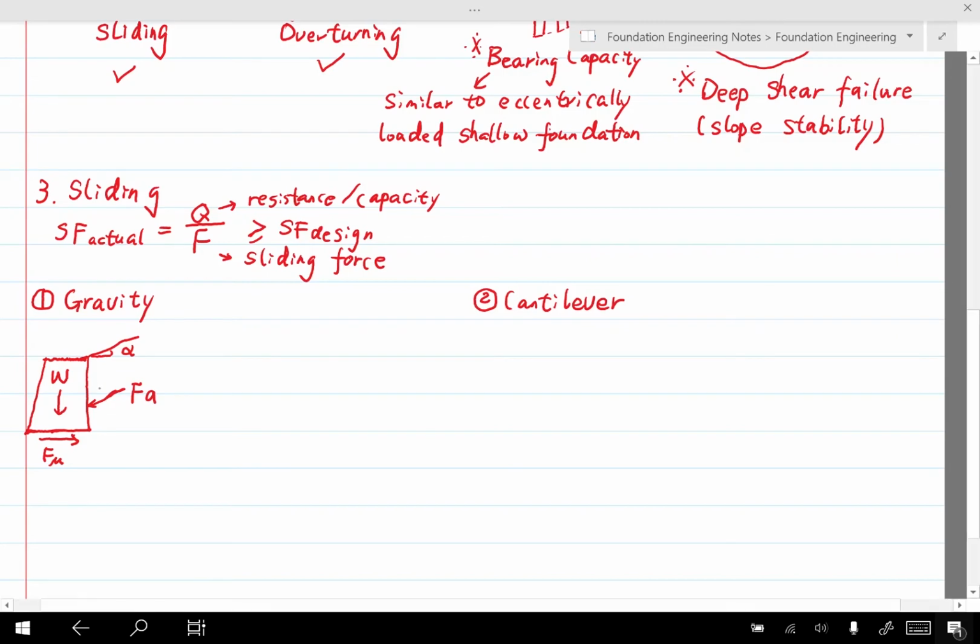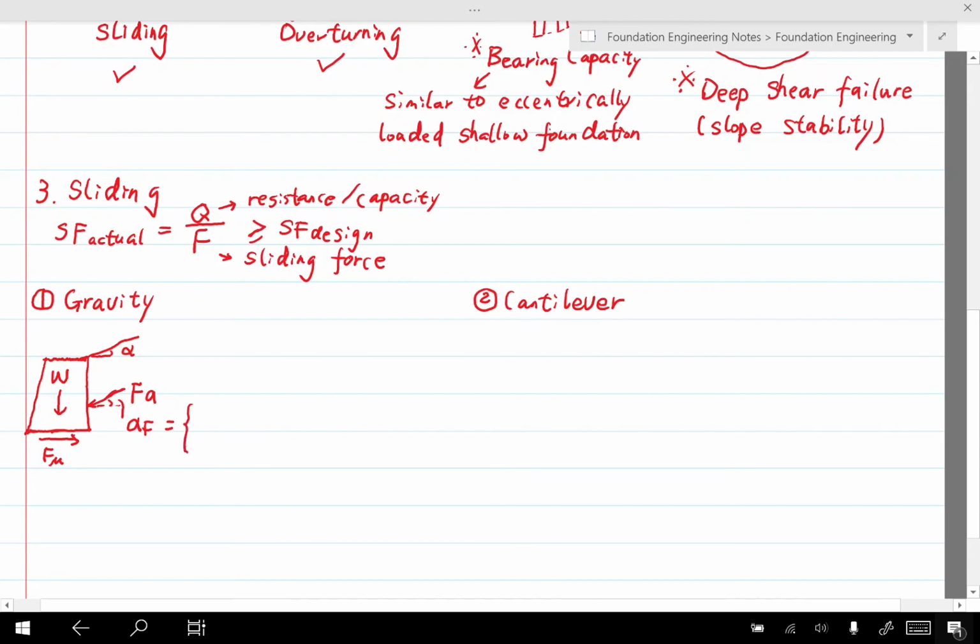And it has an angle because we have friction between the soil and the back of the wall, so it's not horizontal. And we call this angle alpha F, so that's the angle of the force. But this one depends on which theory we have.